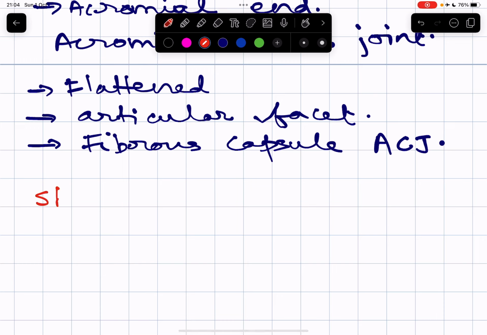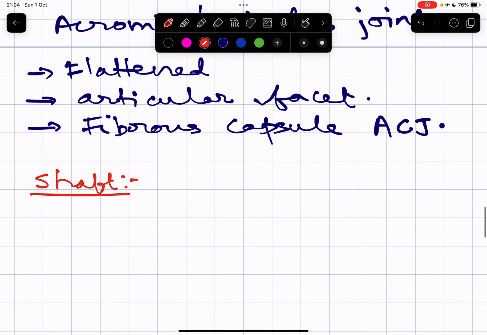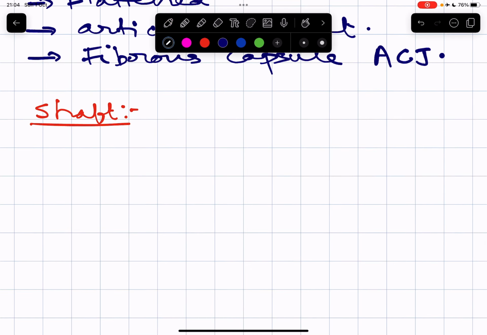Now talking about the shaft. The shaft is actually divided into two parts. So let us draw a simple diagram of the clavicle with its curvature. This is the sternal end.